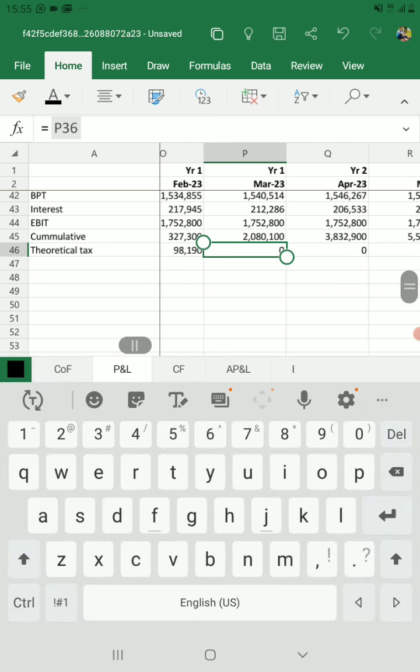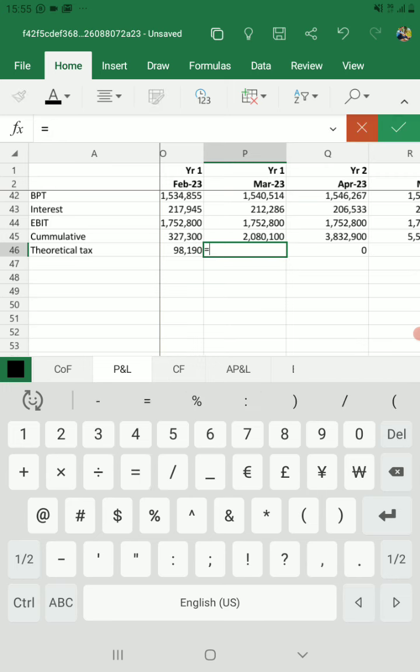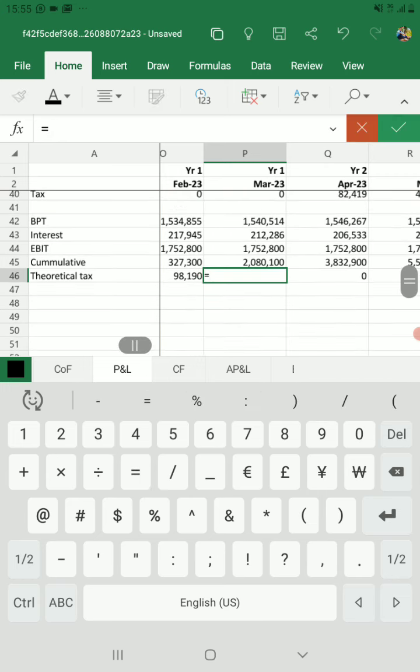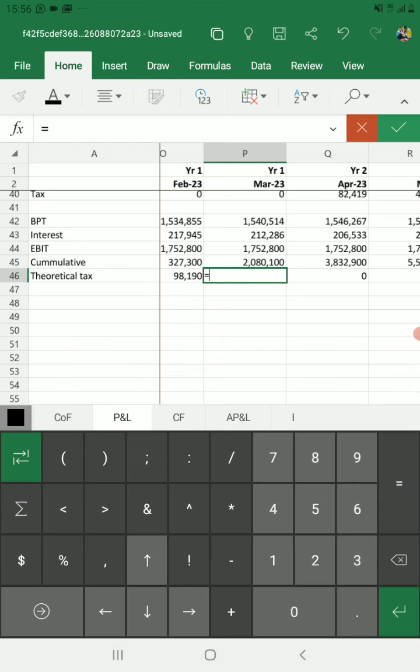For March, because we have all profit, I just start with an equal sign, then take the profit before tax figure on top, and then multiply by 30%.